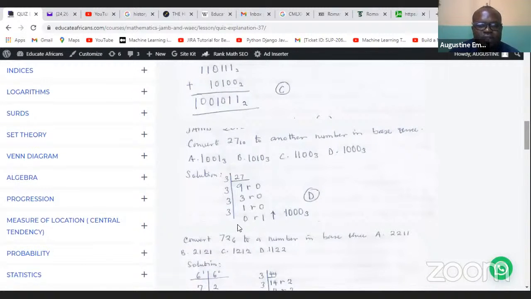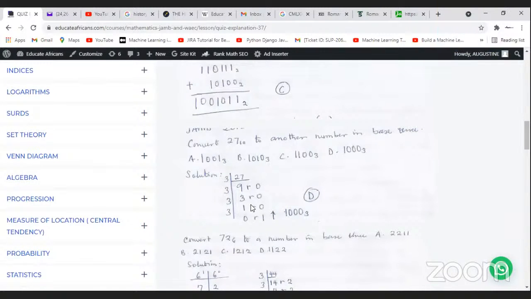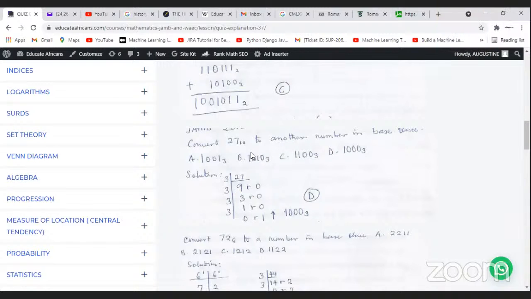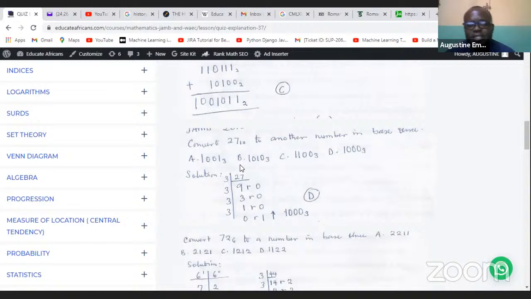Okay, this is perfect because from this we will learn about the successive division. Convert 27 base 10 to another number in base 3.